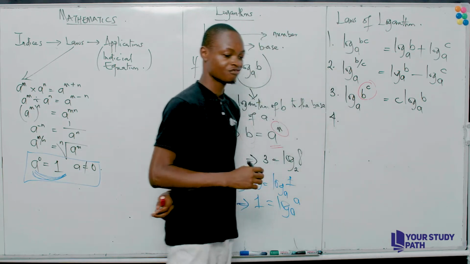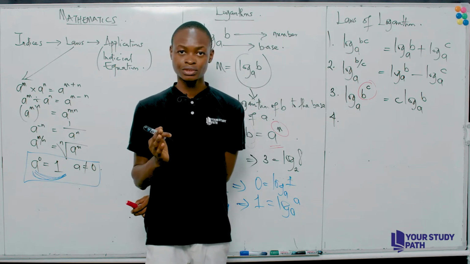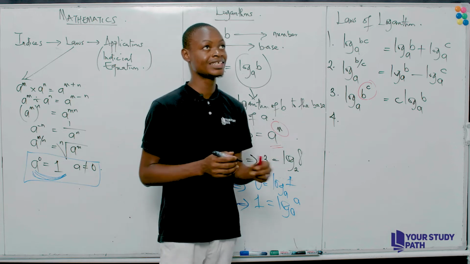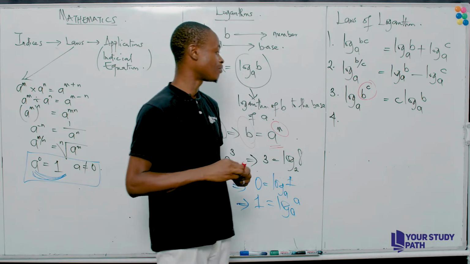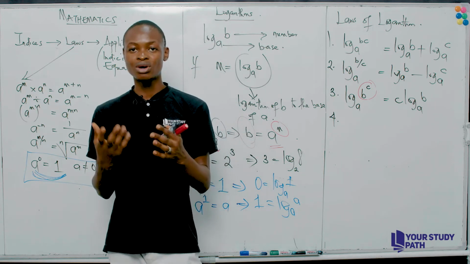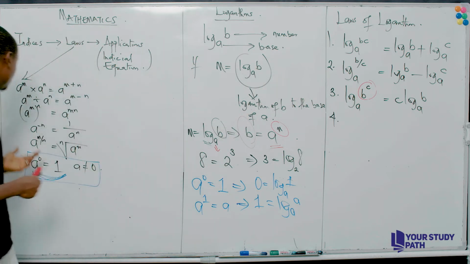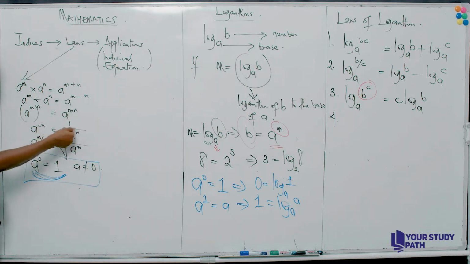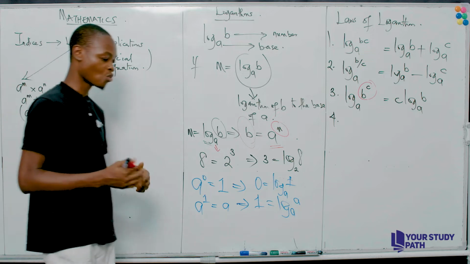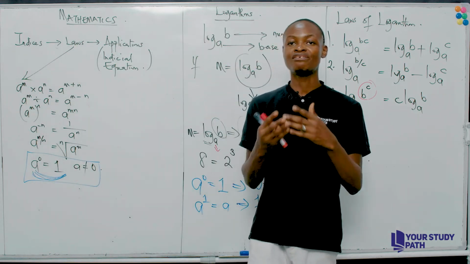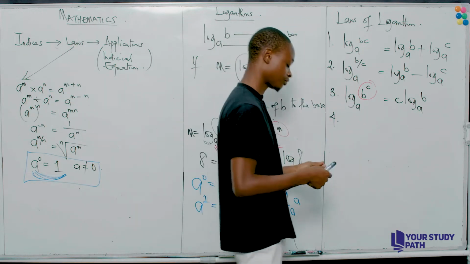Next, we will have our next rule. For this case, we'll talk about the version of reciprocal that we have for laws of logarithms. Of course, you know that in indices, we have a reciprocal when we have a negative power. But in the case of logarithms, what causes us to have a reciprocal case?